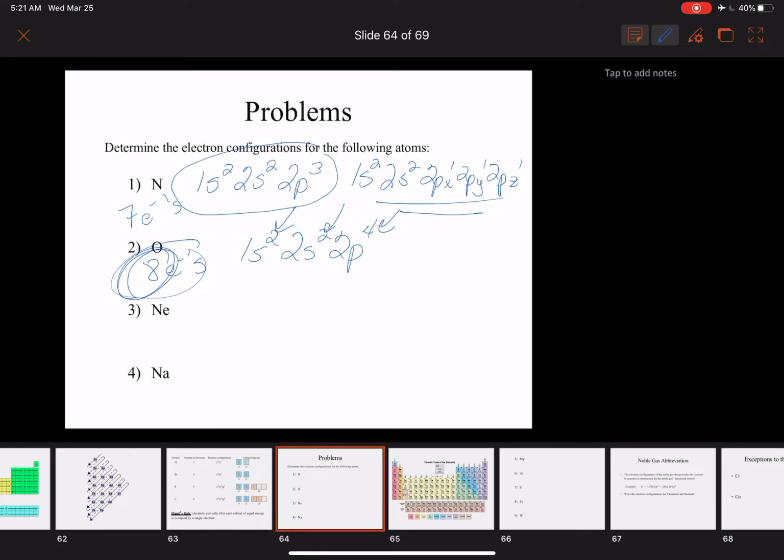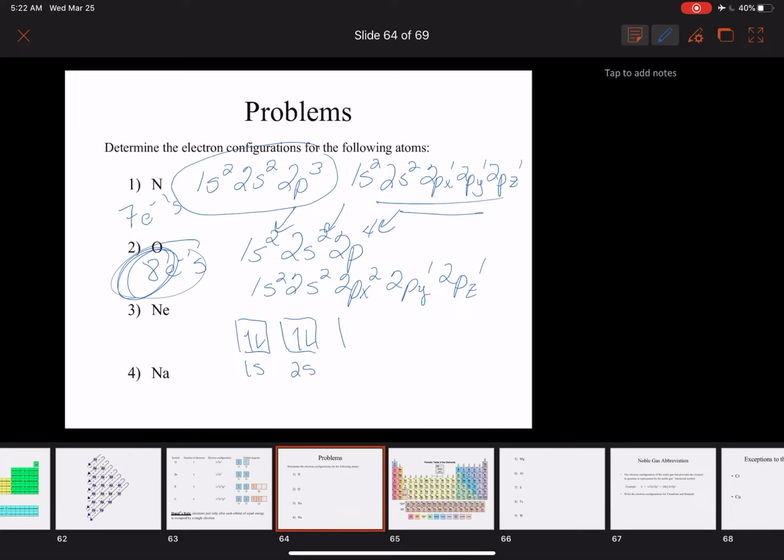That means that if you wrote it out the long way, we'd have 1s2, 2s2, 2px, and the px would get 2 electrons, and we'd still have the py with 1 electron and the 2pz with 1 electron. So the orbital box diagram, the way that we would write that would be, we'd have our 1s orbital, and it'd have 2 electrons in it. And then we'd have our 2s orbital, and it'd have 2 electrons in it.